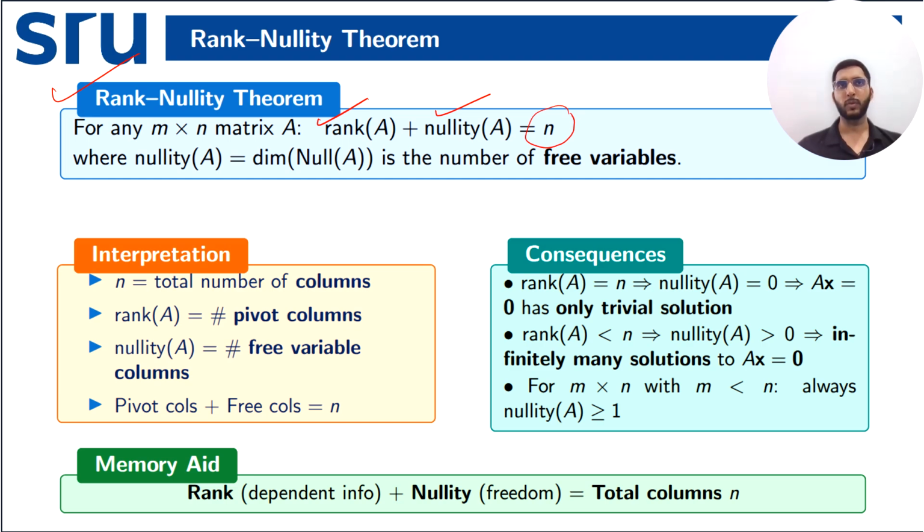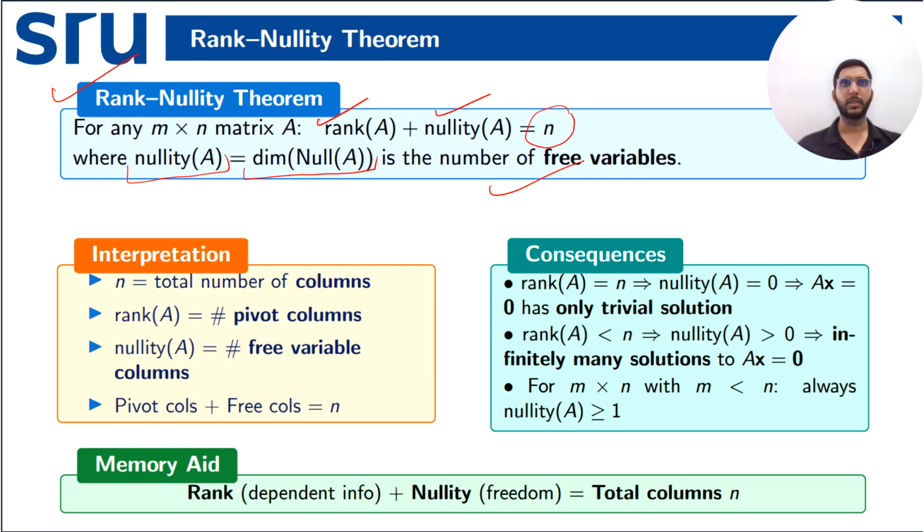Now you will ask, what is nullity? Nullity represents the dimension of the null space. It also equals the number of free variables in the system. That is a very important point.